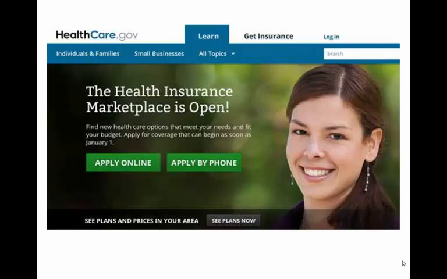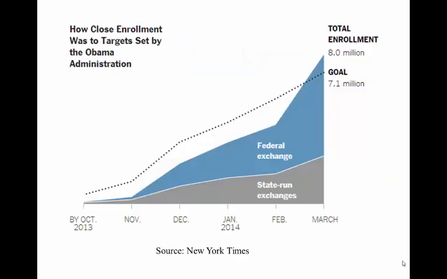The initial rollout had a lot of problems, leading the Obama administration to extend the open enrollment period. But eventually the site got going, and 8 million people have signed up through the federal or state websites, which fits the goals set by the White House and the Congressional Budget Office.